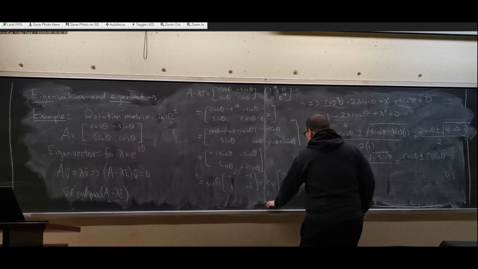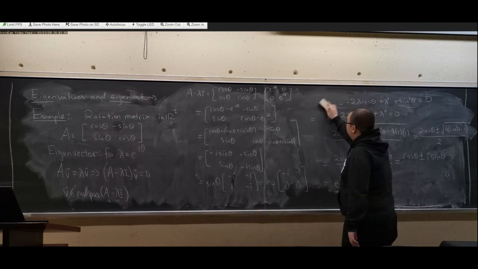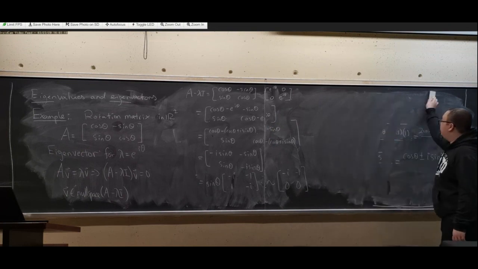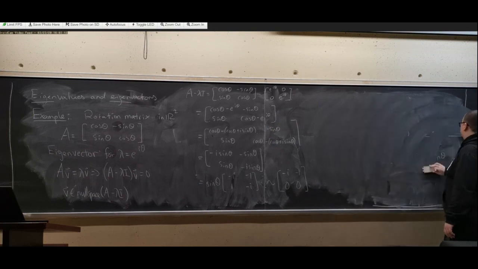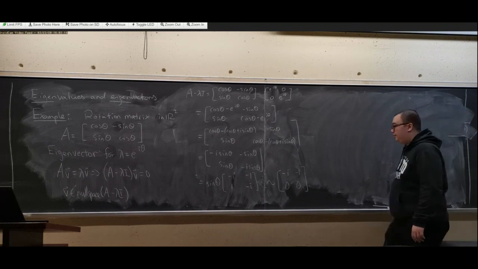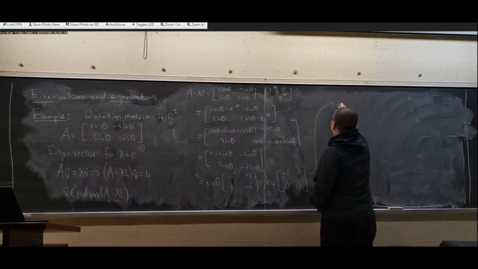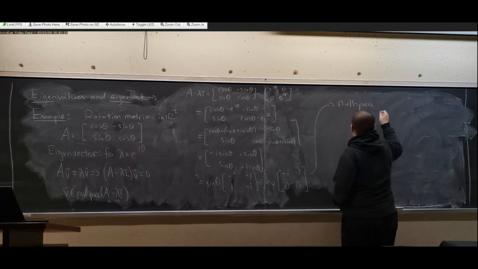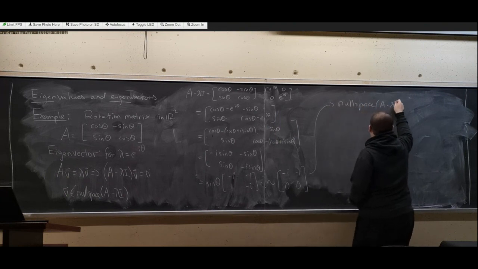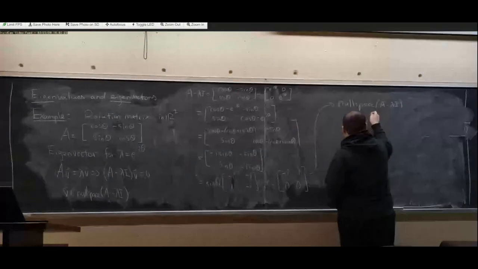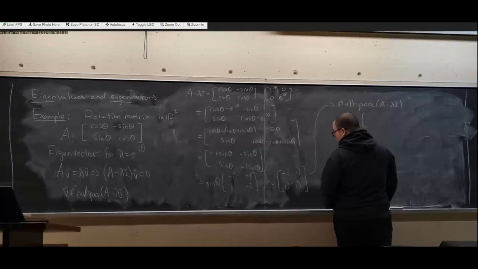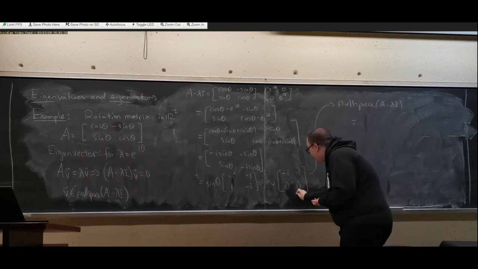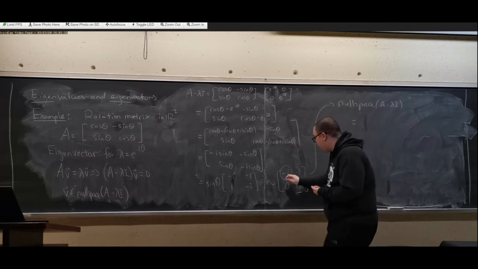So the null space of A minus lambda I equals, well, the second one is going to be a free variable because we only have a single pivot here.